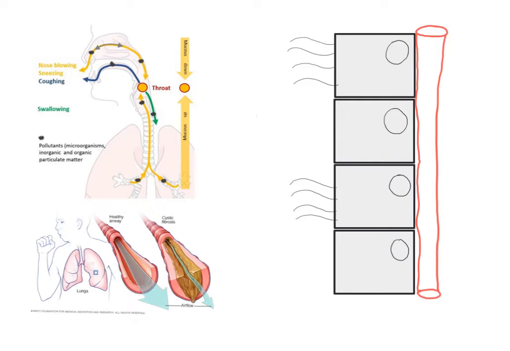The mucociliary system is composed of the mucus that's found inside of the airway, right? So the airway is this tube. You have specifically things like the trachea, which goes down into the lungs and branches off. And then you have your nasal passageway, you have your mouth, and then ultimately connecting at the throat.